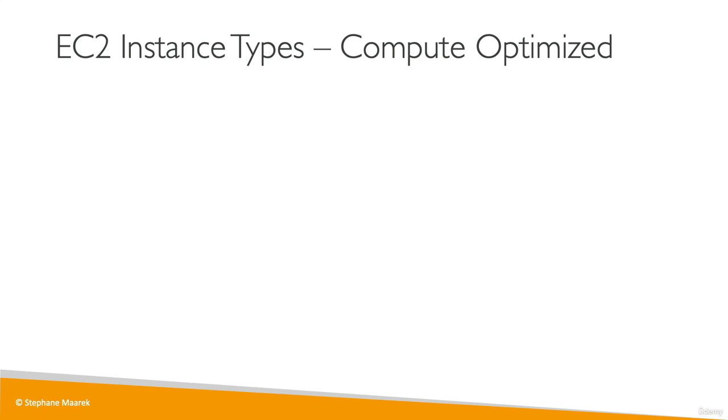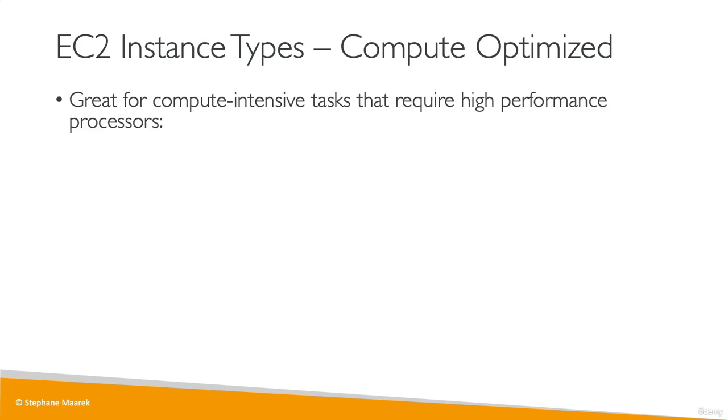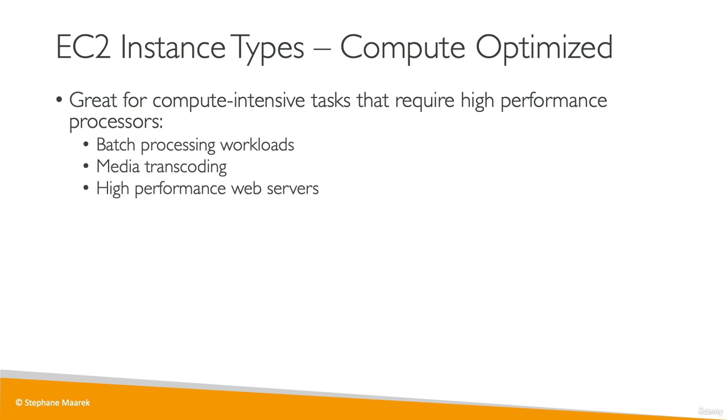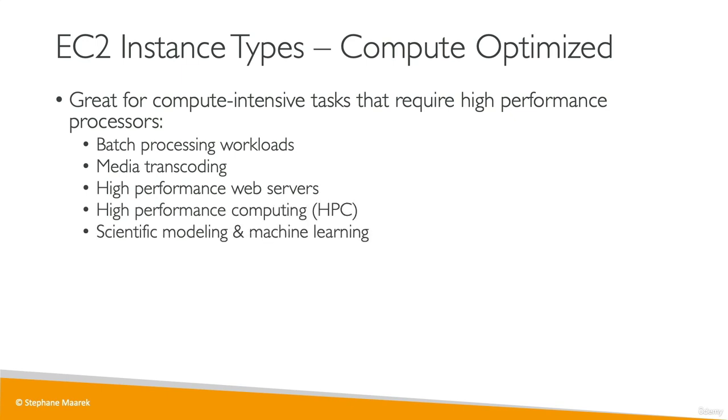Then we have compute optimized. These are instances that are optimized for compute intensive tasks. So what requires a high level of processor? Well, for example, batch processing some data, media transcoding, high performance web servers, high performance computing, called HPC, machine learning, or a dedicated gaming server.